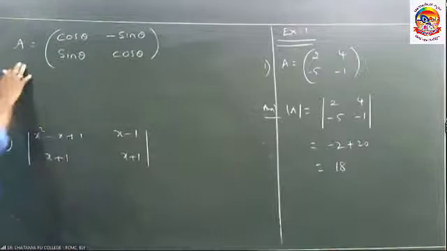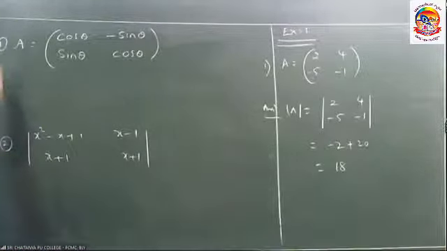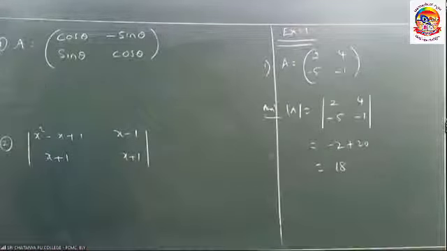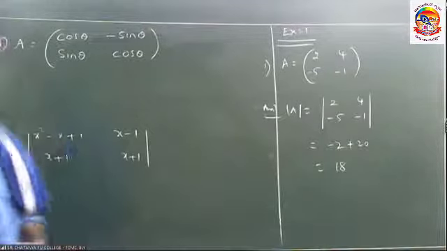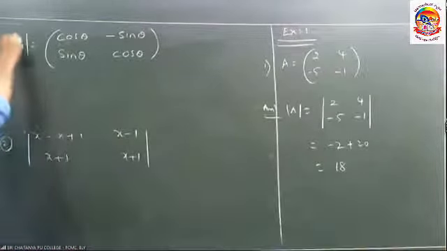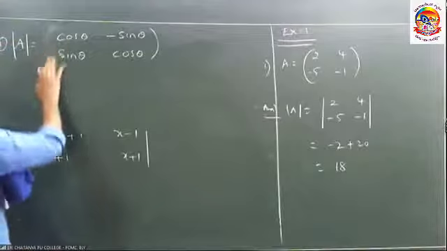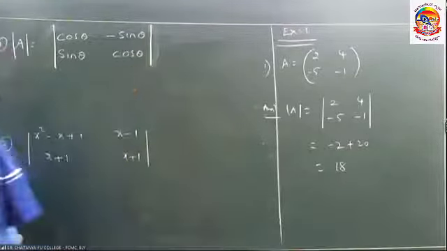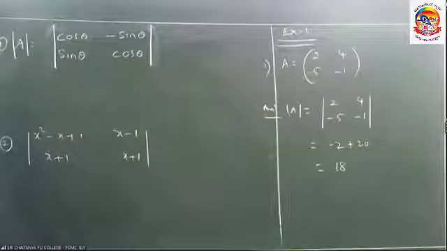Observe, I have given you the first problem as capital A is equal to cos theta, minus sin theta, and cos theta. Now, det A is equal to the determinant of this matrix. This is the difference between the brackets you should know.